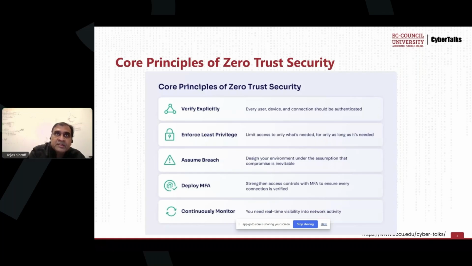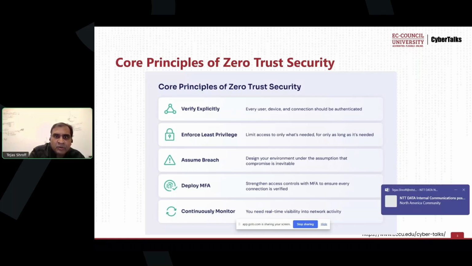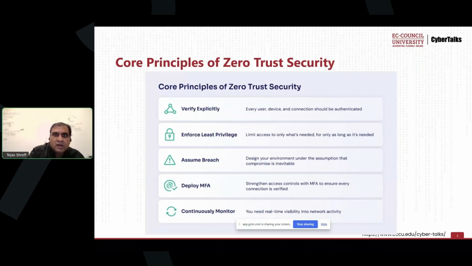So assume breach is a very strong characteristic that the networks and the architectures need to follow, and you need to make your systems resilient enough so that when you are assuming breach, you are making sure that anything and everything that happens, you have factored that in.